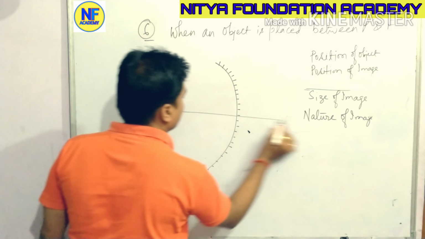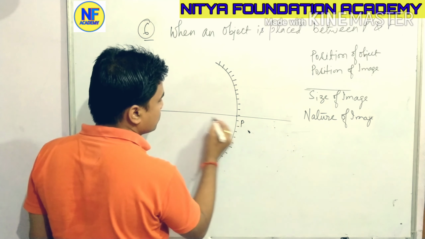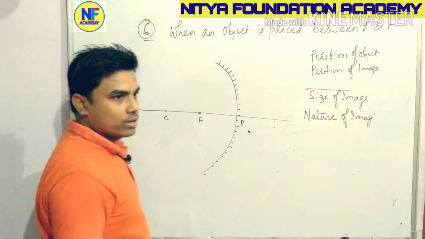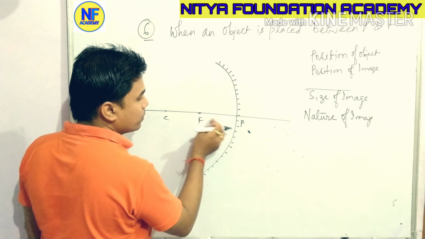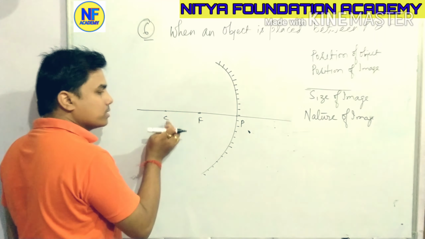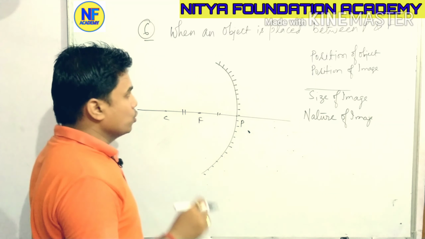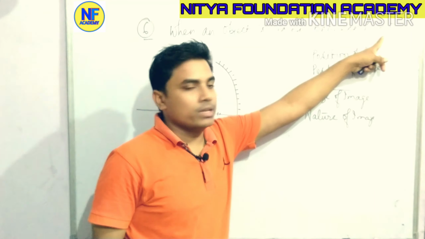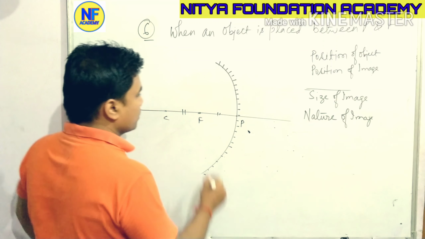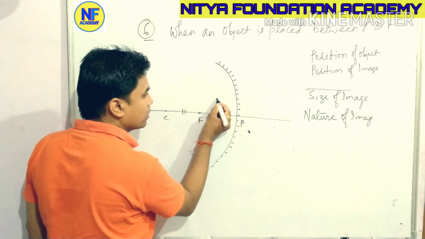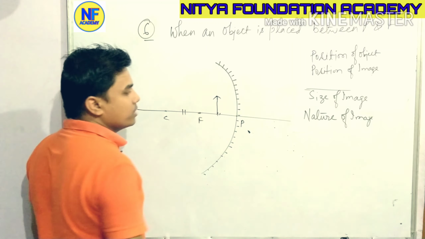And this is the principal axis, this is pole, this is focus, and this is center of curvature. I said many times that the distance between the focus and center of curvature is always equal. So the question is, when an object is placed between pole and focus, so pole is here and focus is here, we put an object here. That object is like this.